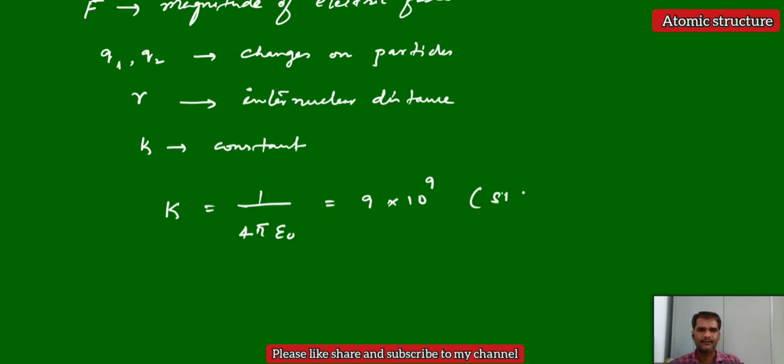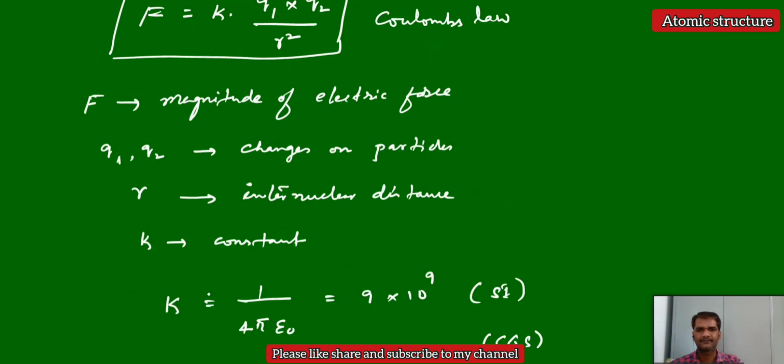Or else, if you take the remaining values in CGS units, then the k value becomes 1. Here 4 pi is a constant, and epsilon is the permittivity. We can study permittivity in physics; we will not go into detail. We just require the k value: 9 into 10 power 9 in SI units, and 1 in CGS units. Just note this down.